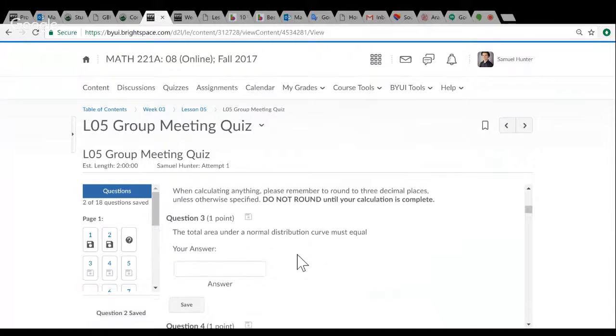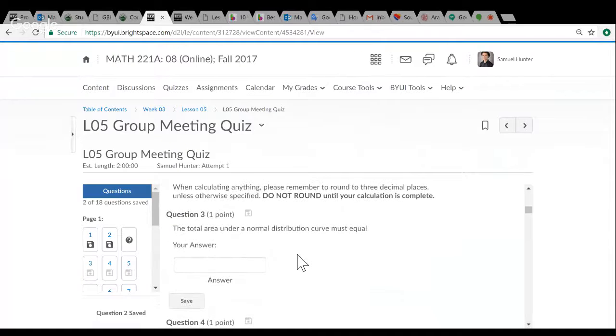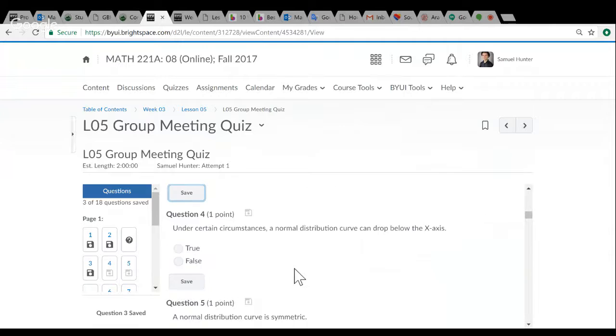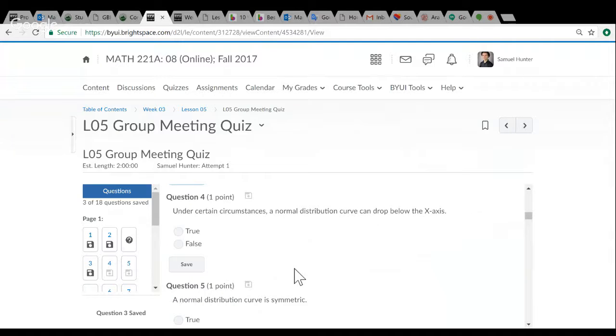When calculating anything, round to 3 decimal places. The total area under a normal distribution curve must equal 1, right? Yeah, it always has to equal 1. Under certain circumstances, a normal distribution curve can drop below the x-axis.